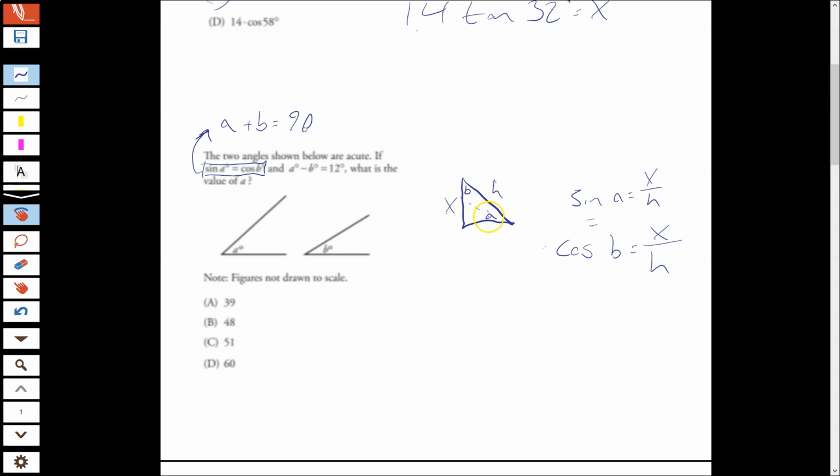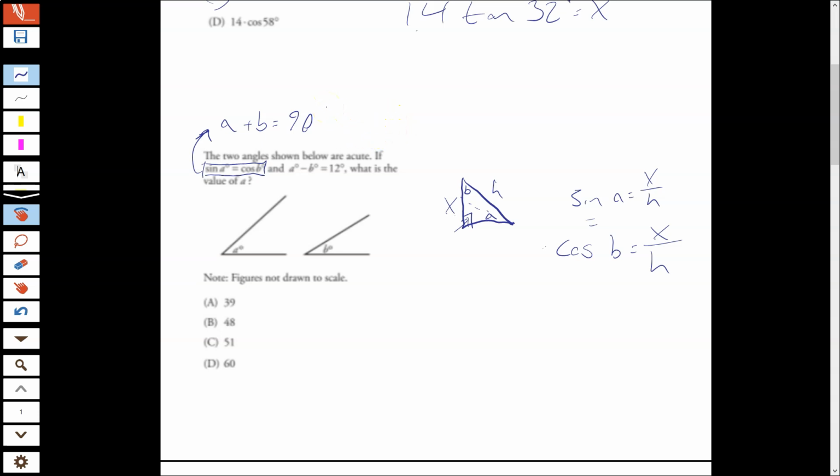And that's because if sine A equals cosine B, we can draw A and B as angles in a right triangle, right? So if this first angle is 90, then there is only 90 degrees left. A and B have to add up to 90 for the triangle to add up to 180. Okay? So A plus B equals 90.